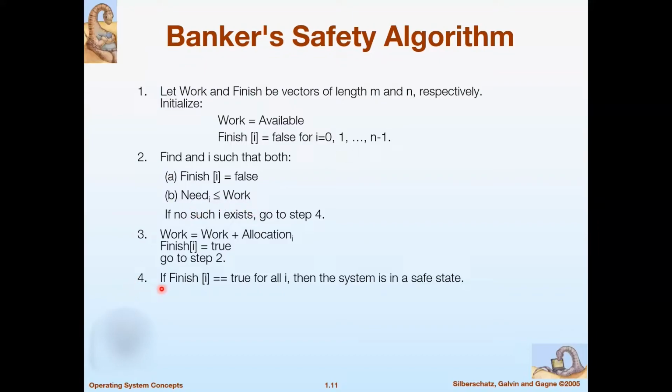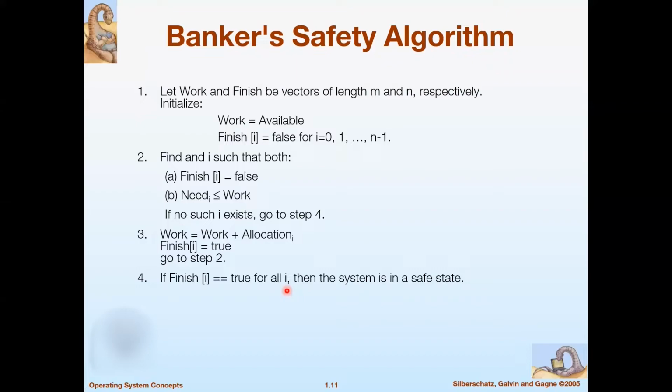In step number 4, we check if finish i is equal to true for all i, and this is the case when all the processes can complete following a sequence. The system is safe, but if finish i is not equal to true for at least one i, that means the processes from the current state cannot finish in any sequence.